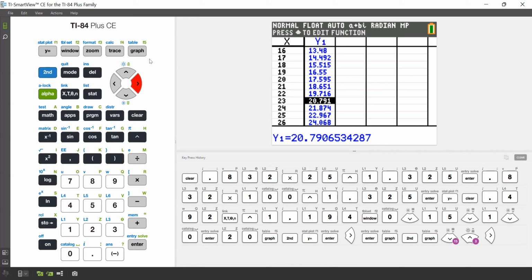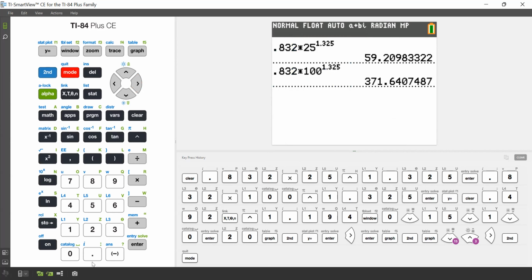Okay, now I could, as I said, evaluate this function at 23. So we could look at y equals 0.492 times 23 to the 1.194, and we should get exactly the same answer. So I'm going to do that.